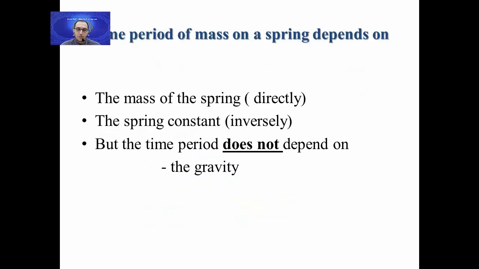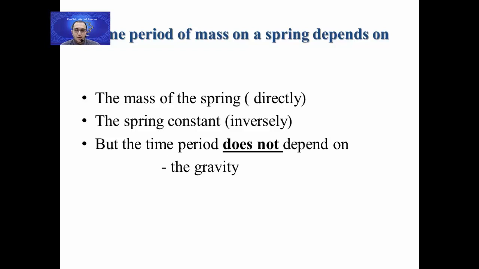So the time period of a mass on a spring depends on what? It depends on two factors. Number one, the mass, and it's directly proportional because T equals 2π root M over K. Number two, the spring constant K, which is inversely proportional, and we can do it in a ratio.